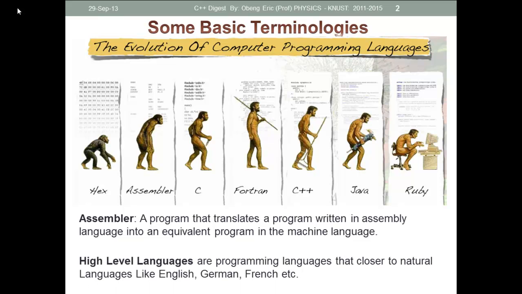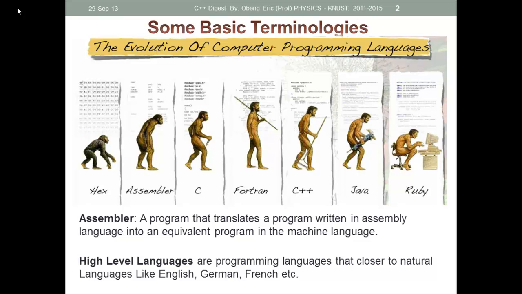Then we came to high level languages. Because of the tedious ways that assembly language gave, you had to remember certain things and be coding closer to machine language, which was not that comfortable. So they developed the high level languages.